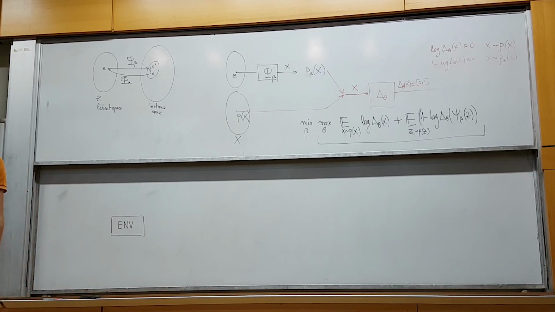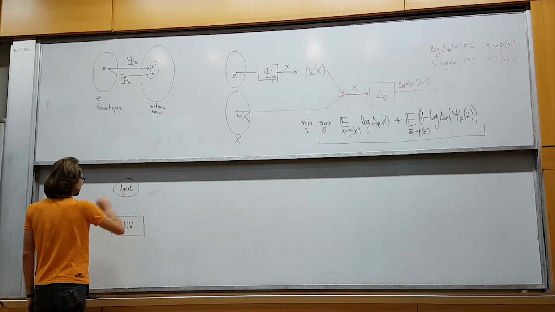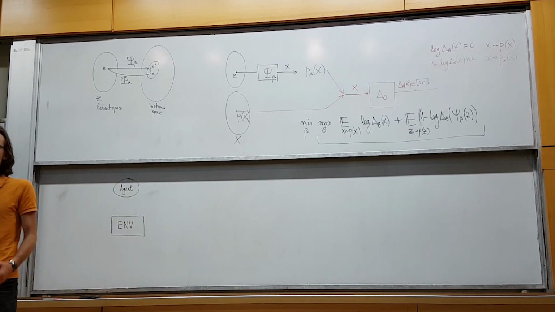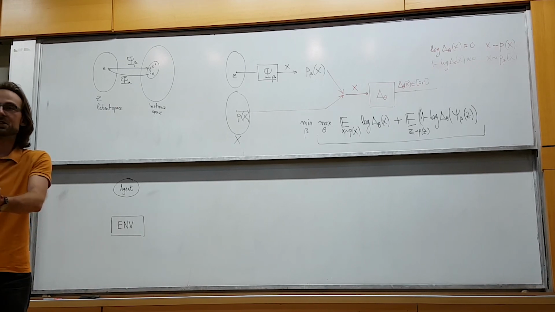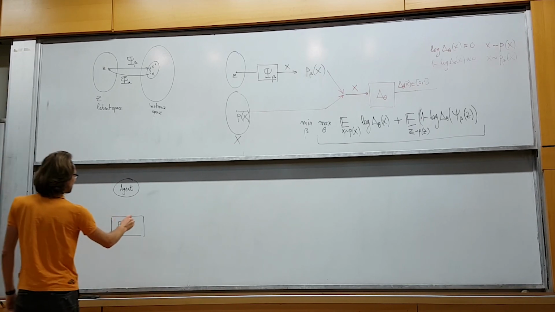If you believe that everything in the universe is computable, then it's just a big state machine. And then we have some agent. The agent can act upon this environment and change its state.